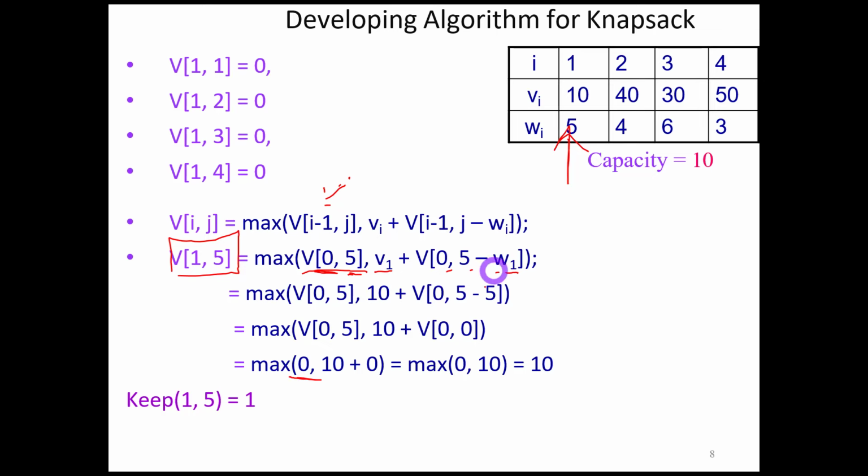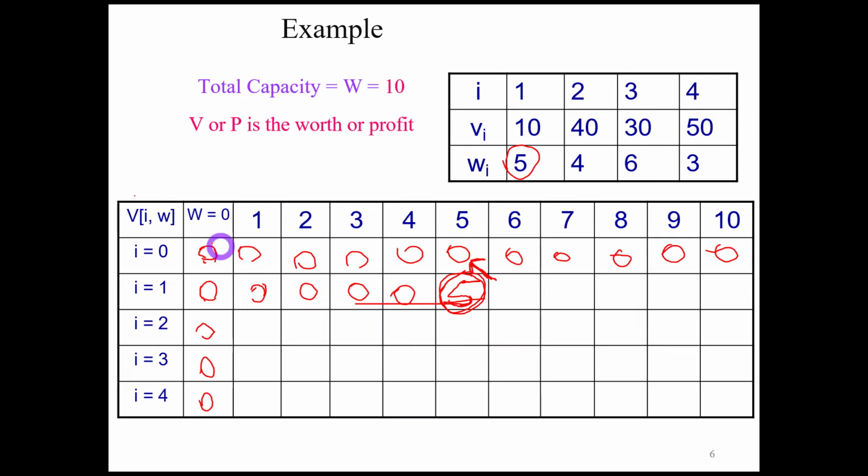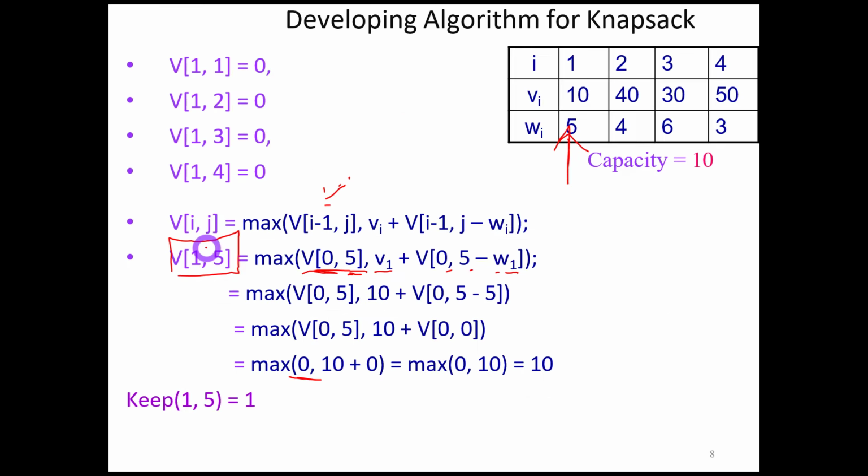We have written everything else. Okay, so 5 minus the weight of the item, 5 minus 5 is 0. V0, 0. So we know that this is the first item, it is obviously 0, but let's see. V0, 0, the value is 0. So 0 plus 10 is equal to 10. And then the maximum of 0, 10 is obviously 10. So very simple, right?